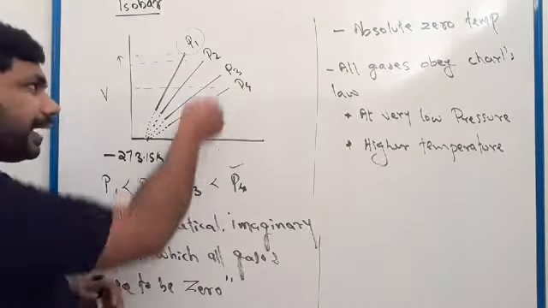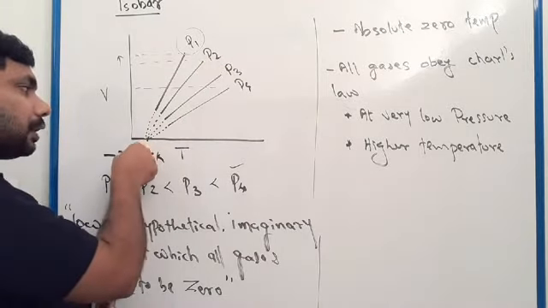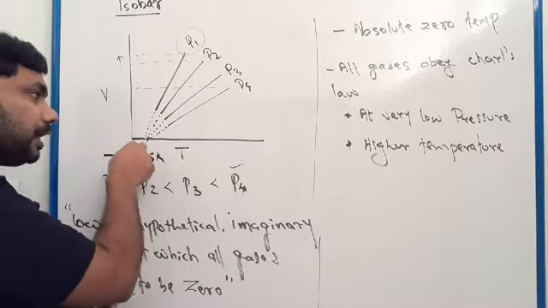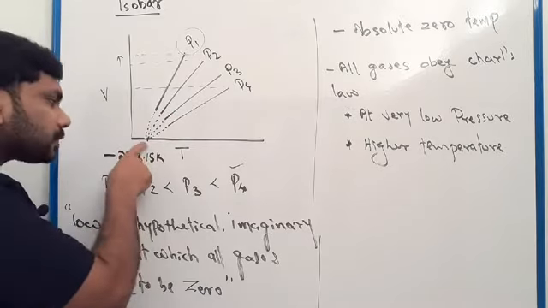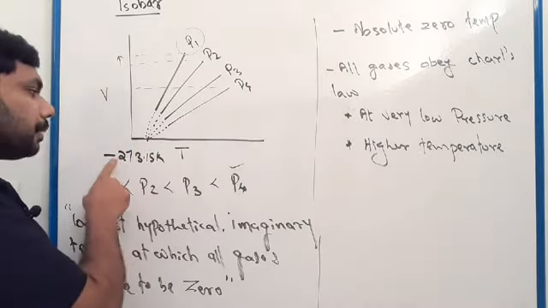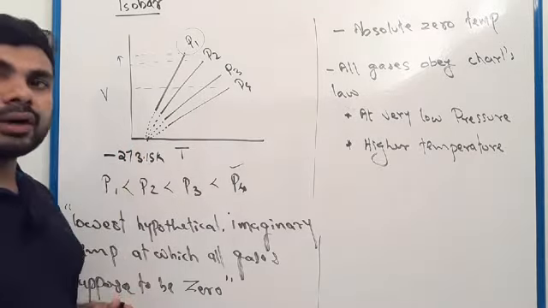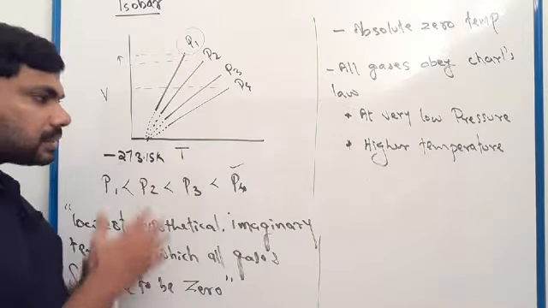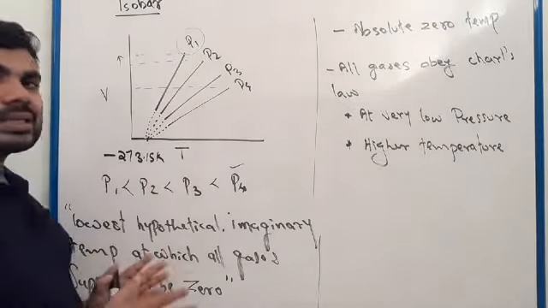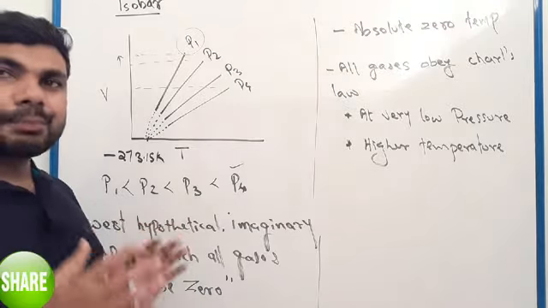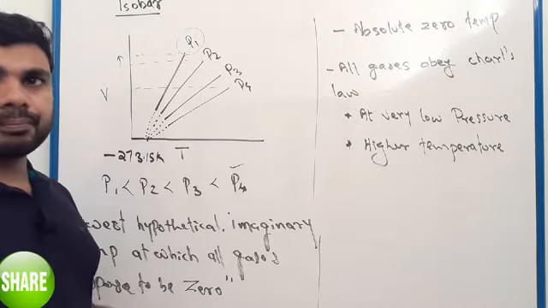This common point will be at temperature minus 273.15. This is one imaginary, hypothetical temperature. At this temperature all gases are supposed to have zero volume.